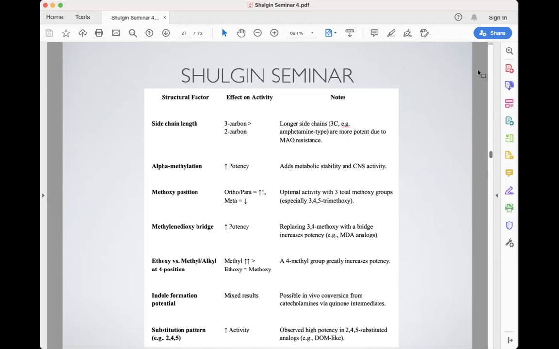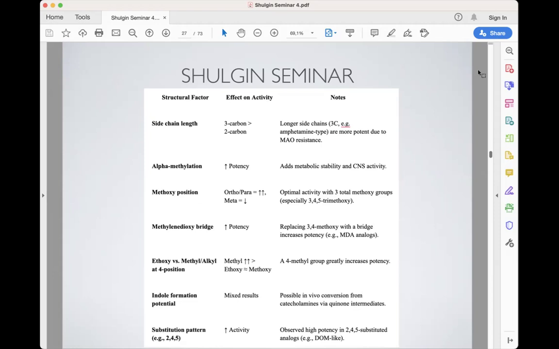And one more argument given here is the possibility of indole formation. Yeah, he says that there is a possibility that indoles could be formed out of phenethylamines by means of creation of another ring, in vivo, so by converting from catecholamines or phenethylamines, with a certain structure of the benzene ring, to indoles, which are then psychedelically active, right?